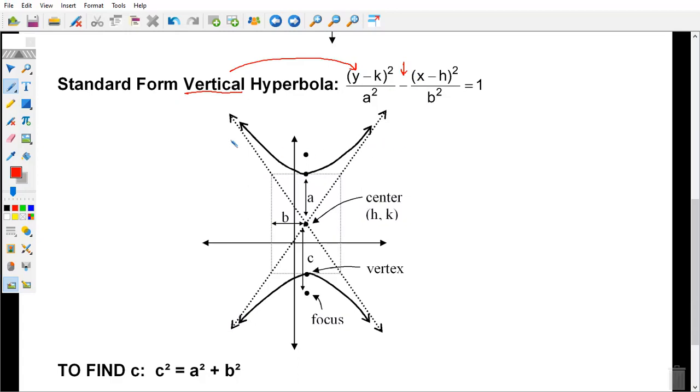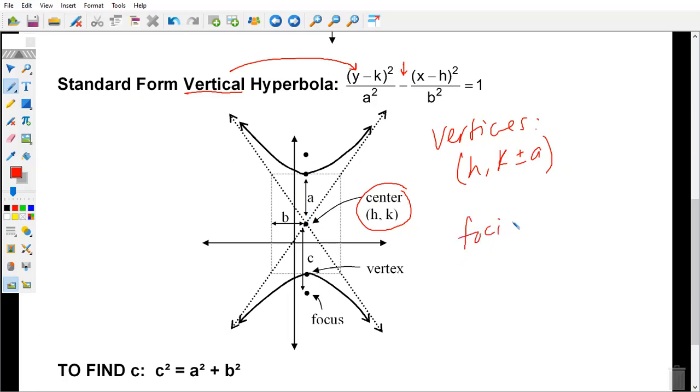So going through again, identifying the center is still (h, k). This time our vertices are vertical, so our h is staying the same, but our k is what's changing. So k plus or minus a.